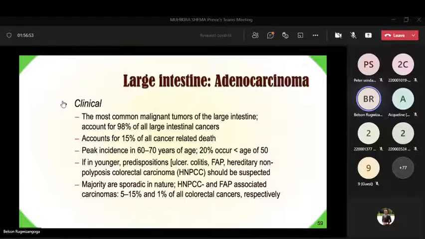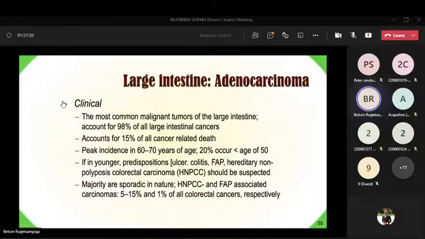If in young patients, then predisposing factors must be considered, such as ulcerative colitis, familial adenomatous polyposis. This is the one I said, if we find in someone at least 100 polyps, they will diagnose familial adenomatous polyposis. It means in his or her family there will be other members having this problem.